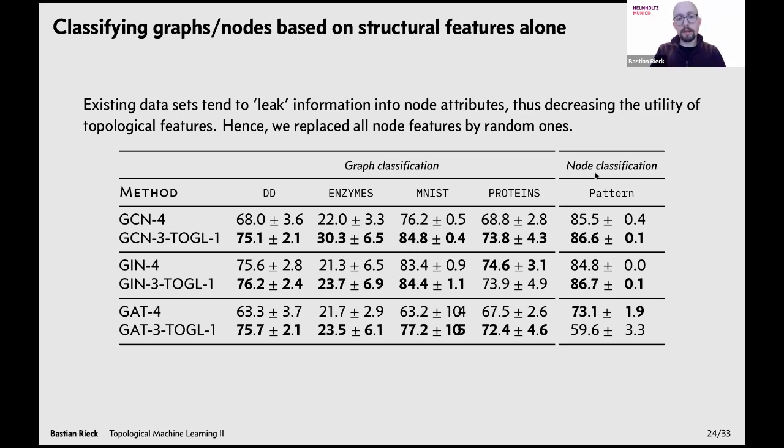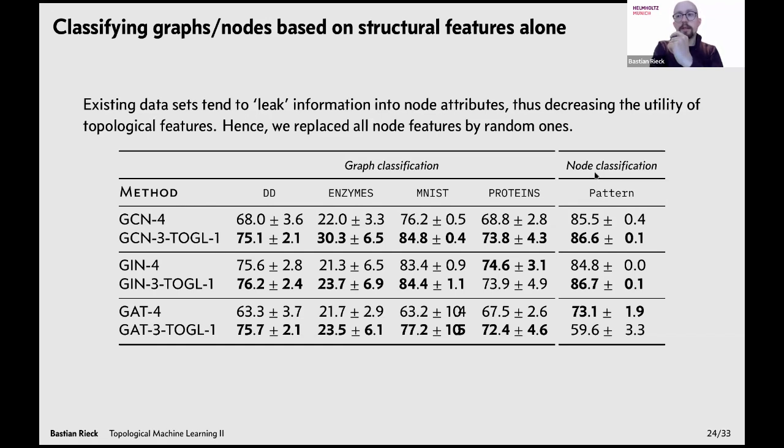But anyway, one thing that we did first, and I have to stress this when you look at this table, and you might see some accuracies that are weird: we picked datasets for which it was suspected that they leak information into the node attributes, so that their node attributes actually contain information that is very relevant and conducive for their classification.